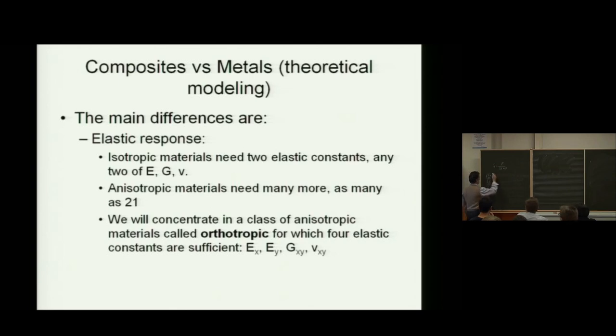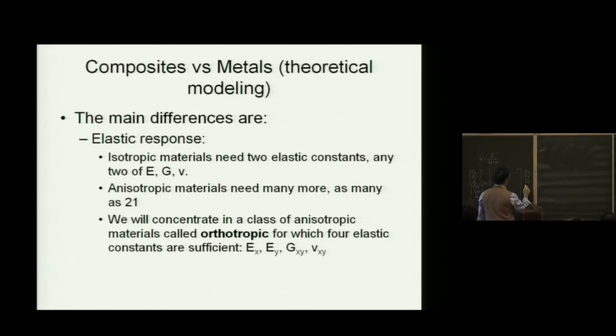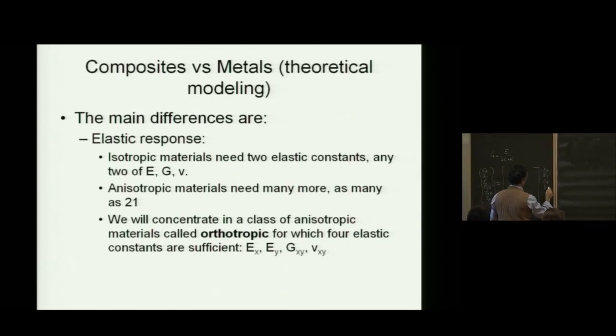I'm going to use matrix notation just because it's a little easier. We have 6 stresses and 6 strains. So if I'm going to relate those, then I will have a 6 by 6 matrix here.